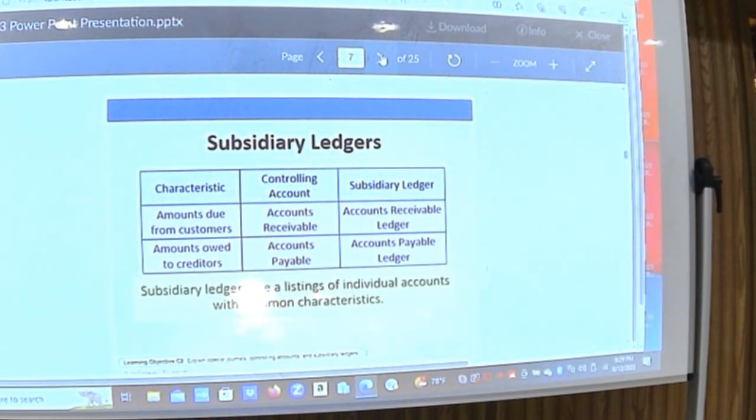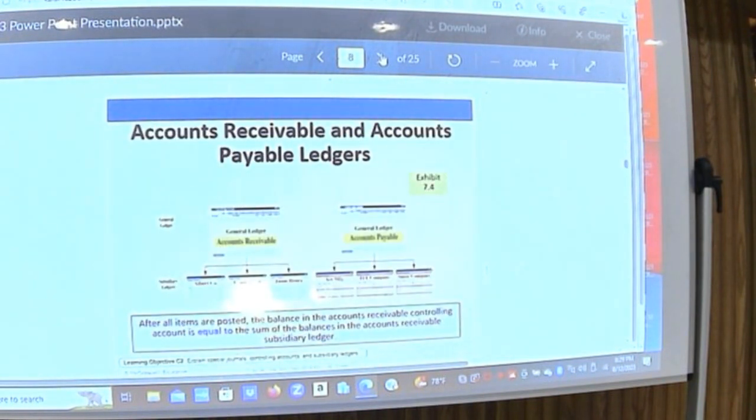So subsidiary ledgers, you can see the definition there on the bottom, are listings of individual accounts that have a common characteristic. Accounts payable and accounts receivable, they make an important statement there toward the bottom of the screen.